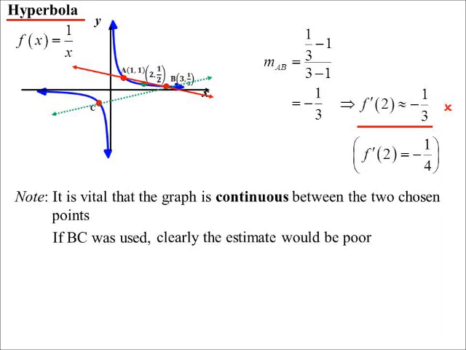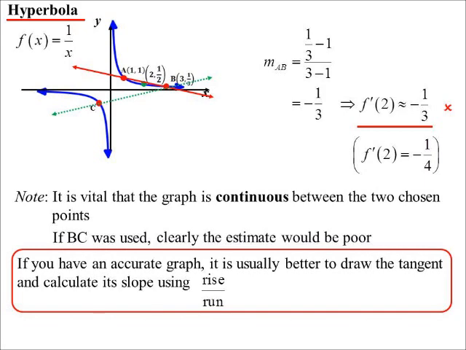So if you have got a good graph, possibly it's better. The semicircle we can work out a formula, the line we've got a formula, and the parabola, if we choose it symmetrically, we'll get an exact answer. Any other shape, it's probably just better to draw a tangent in and physically use the estimate of that line itself on the graph. But of course it does require you to have an accurate graph to do that.